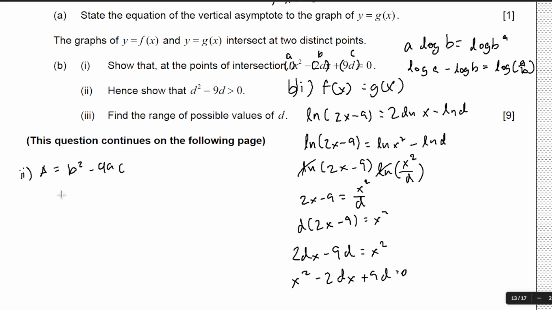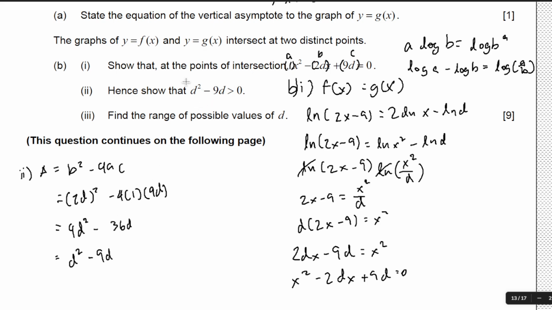Now that we know that, we can substitute them into the equation: (negative 2d) squared minus 4ac. After that, we can just expand them, so we get 4d squared minus 36d, and simplifying, we have d squared minus 9d.